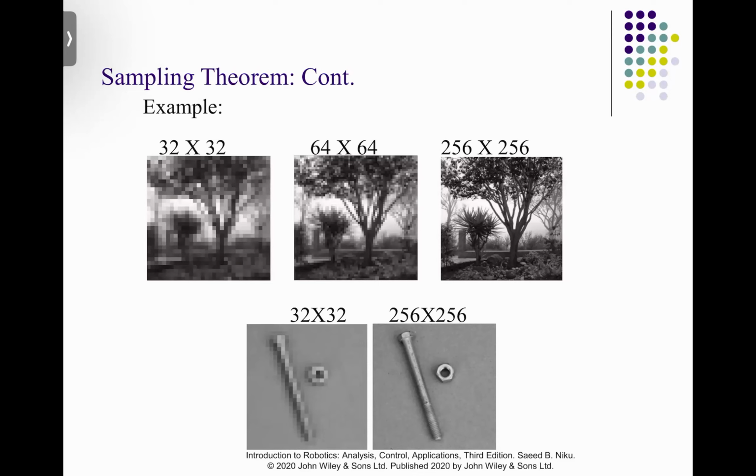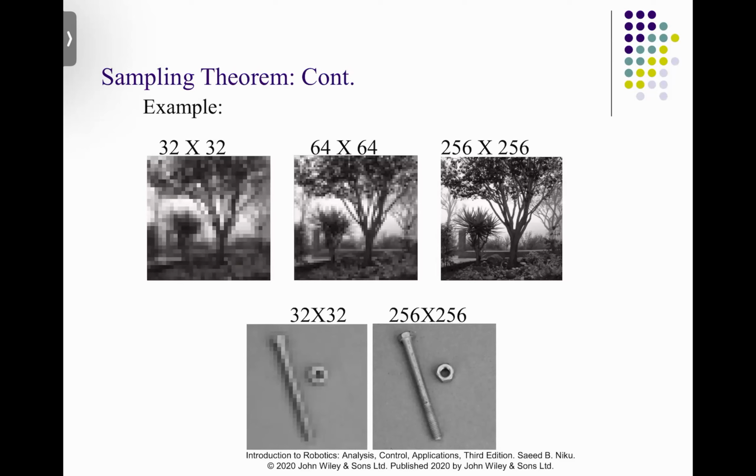Many times you want to use the appropriate sampling, because the more sampling, the more data points you have, and the more storage and computational requirements. So for example, if your motive is just to get the black and white boundary, then you don't need a color image.